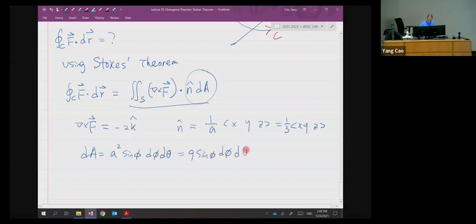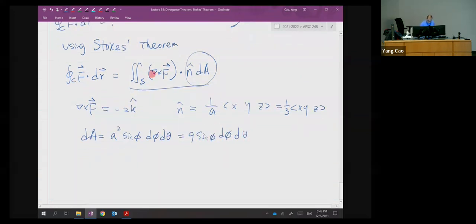Okay, so now we're ready to put everything together for this surface integral. The surface integral del cross f dot n hat dA equals: del cross f is 0, 0, negative 2. N hat is 1/3 x, y, z.